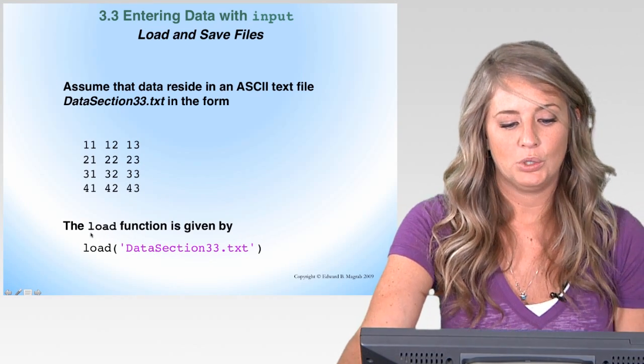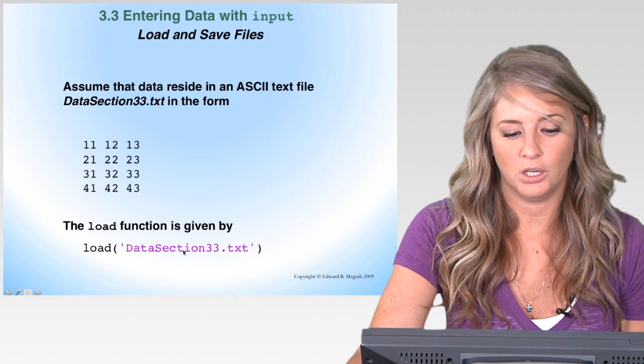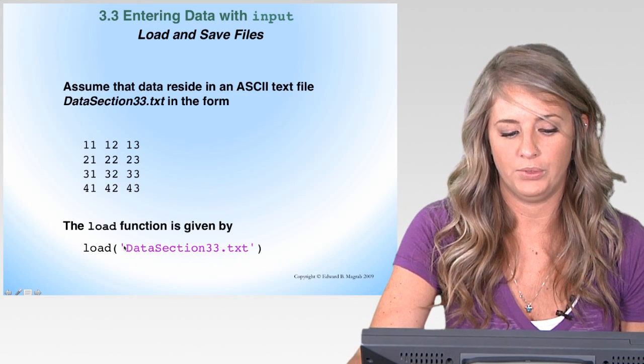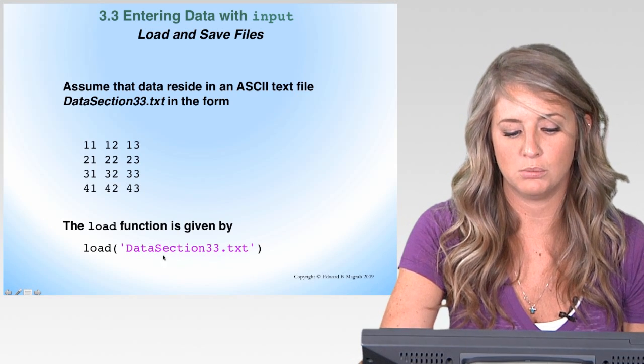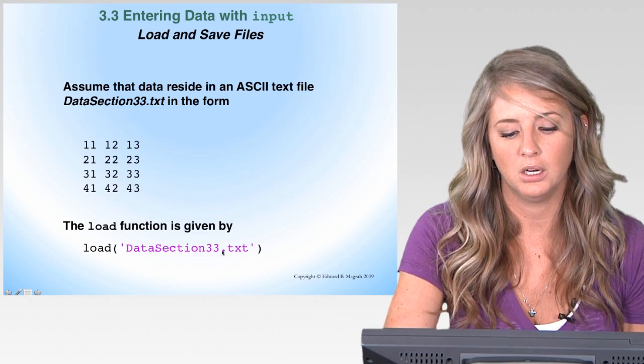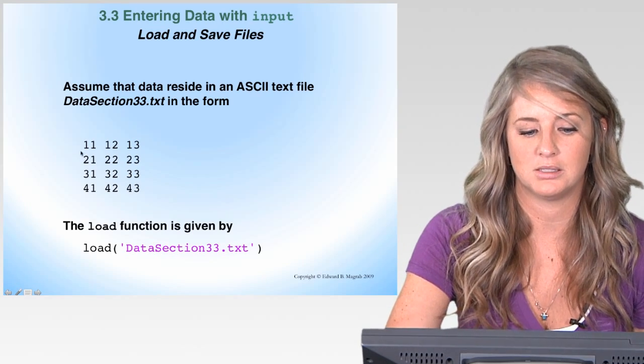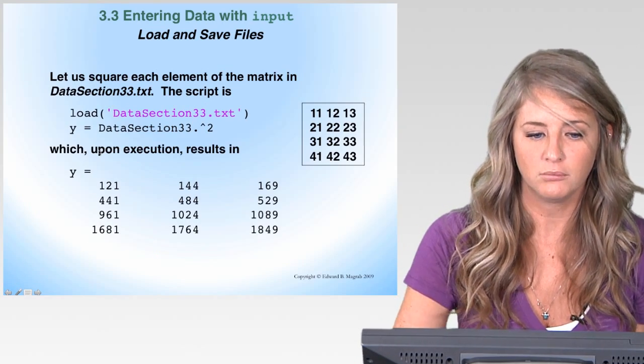To load it, you would just do load, and then the name of your file. So this uses, again, the single quotation mark, so that is a string here, but that will load the file for you that contains this particular data set.